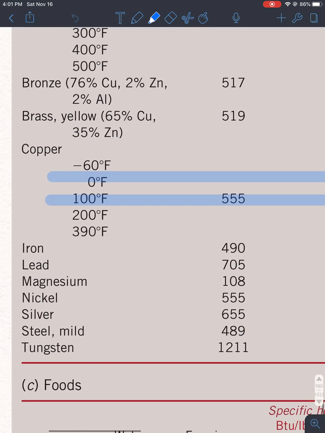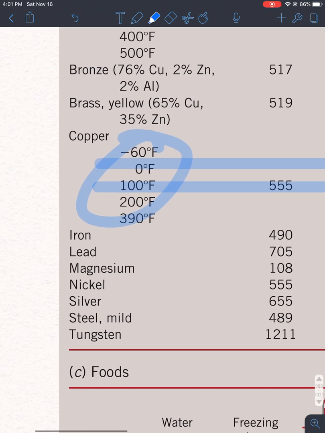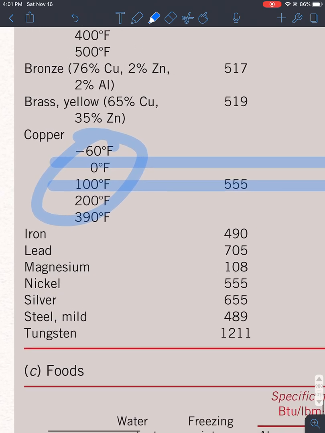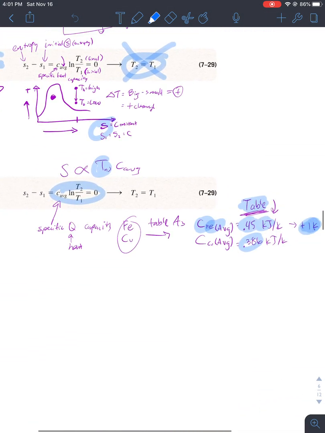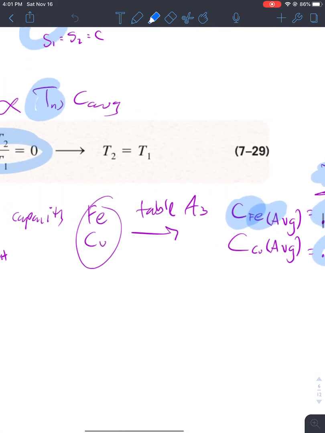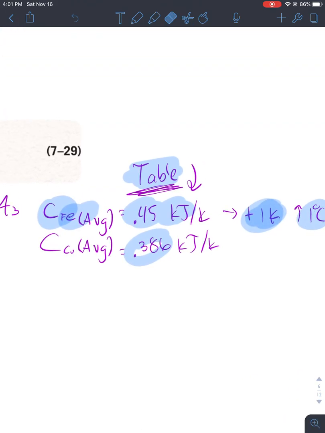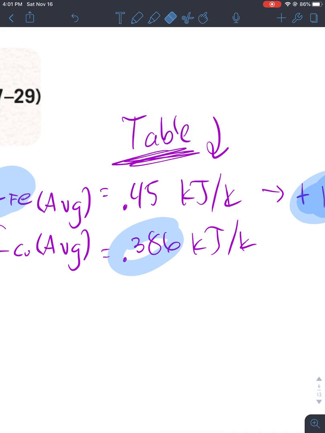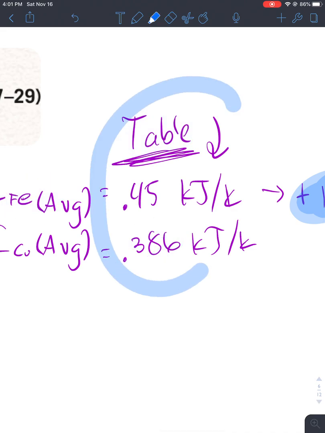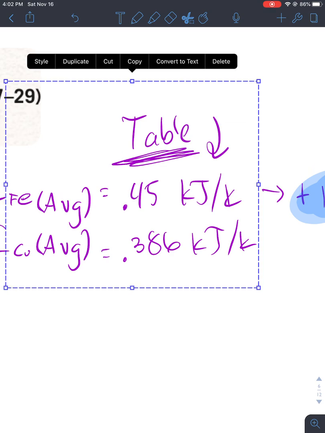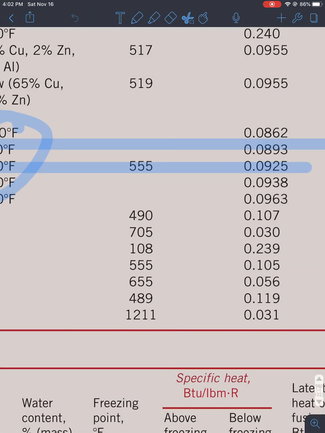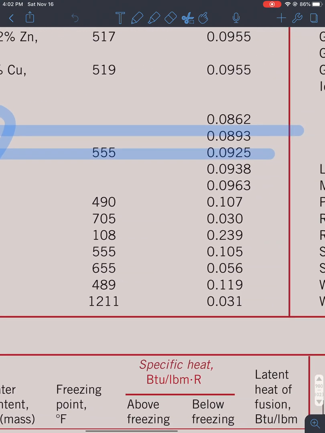Come on, load. So this here isn't 80C. So what's the value that we have over here? According to the book, the values are here. Let's copy that. Paste.